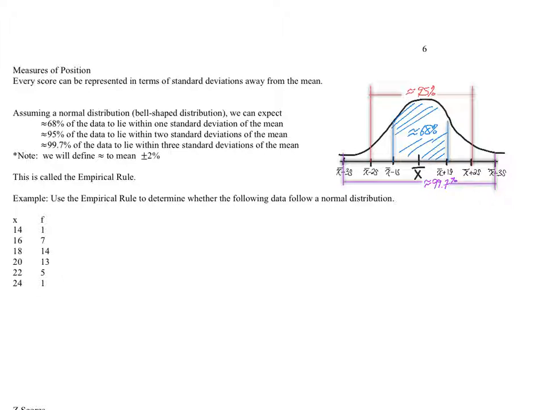The approximate values, because statistics can be a little wishy-washy. When I say approximately or about, it really just means that. So if it's near 68%, near 95%, near 99.7%, and you say, well, what's near?